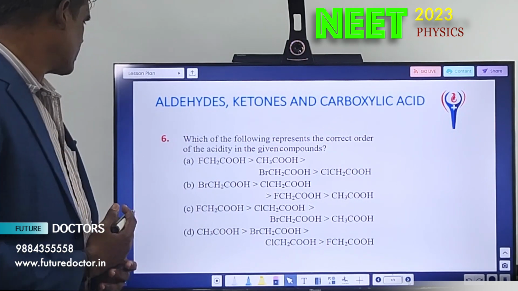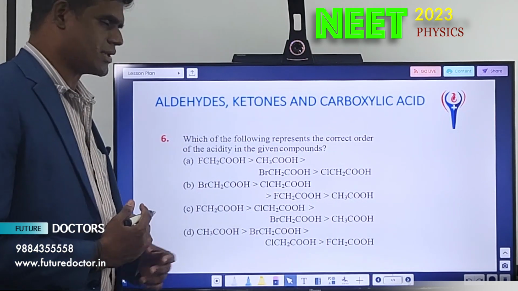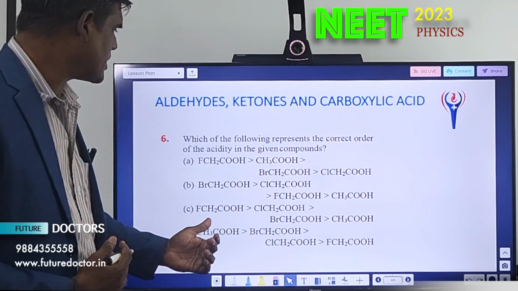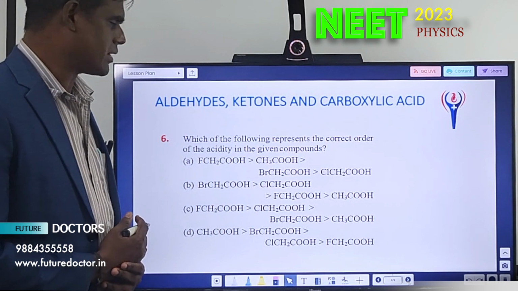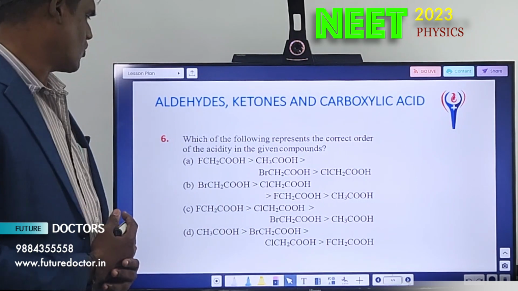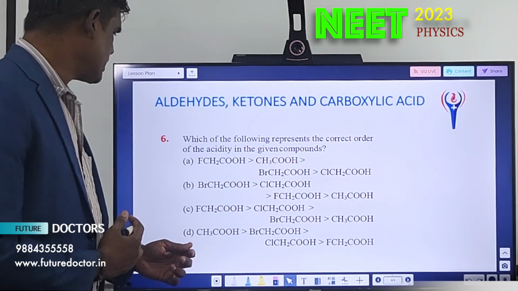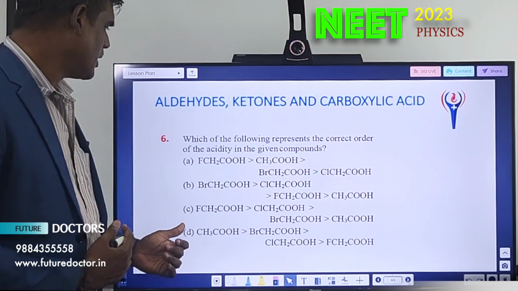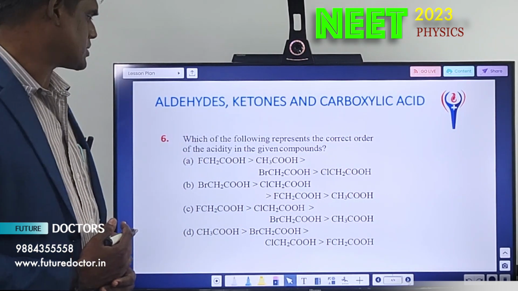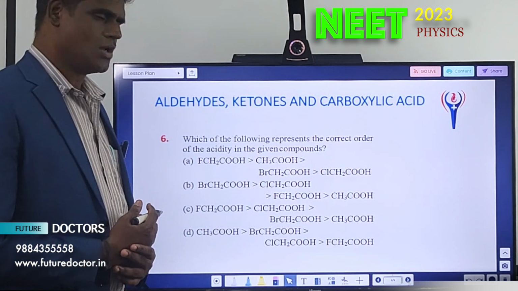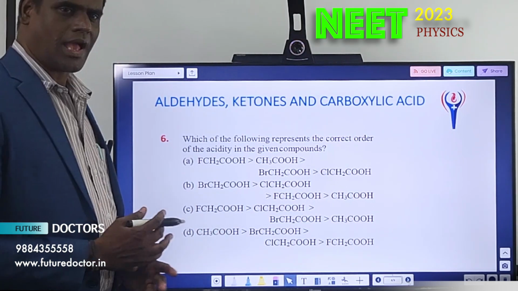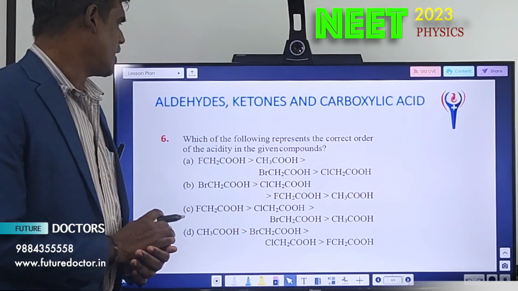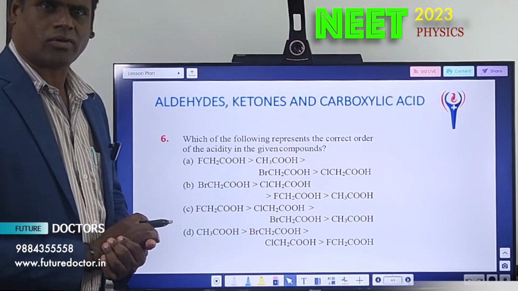Option C, FCH2COOH greater than ClCH2COOH greater than BrCH2COOH greater than CH3COOH. Option D, CH3COOH greater than BrCH2COOH greater than ClCH2COOH greater than FCH2COOH. In the halogen group, which one is having high acidity? That order you want to say.